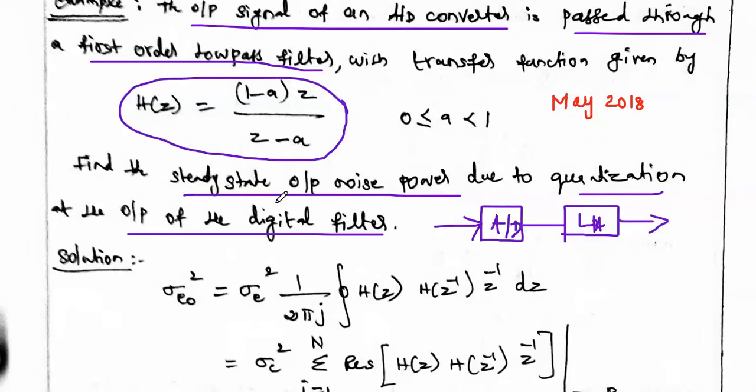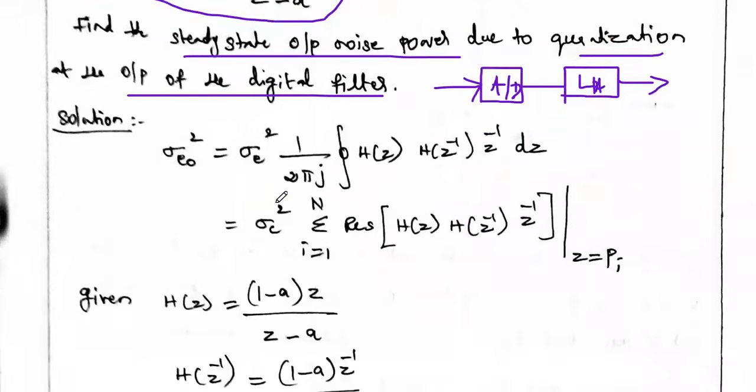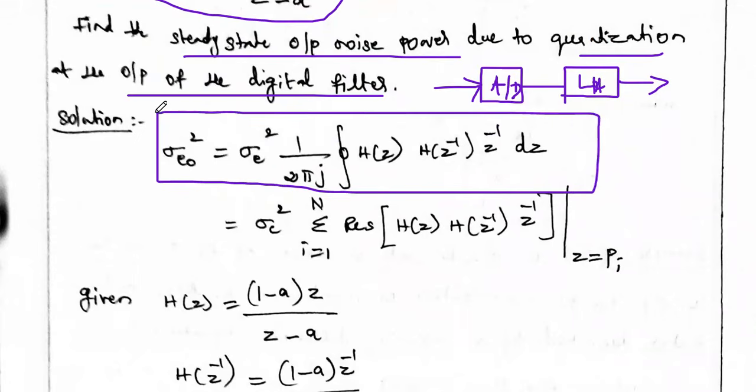Already you know the steady state output noise power at the output of this digital filter is calculated using the formula sigma e o squared, which is the quantization noise power measured at the output of the digital filter.